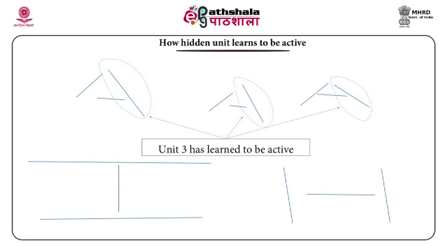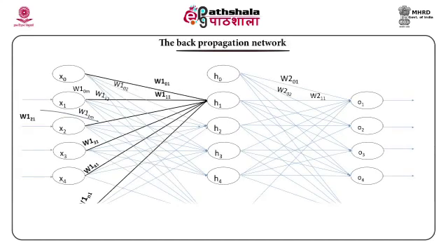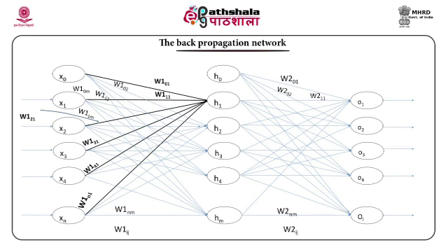Now, let us look at this backpropagation network. This backpropagation network is depicted here with the dark bold lines and the weights. Now, this is only an extension of what we have seen in the earlier module. We have x0 to xn as input. Now, the n value depends on the features that you take from the input.